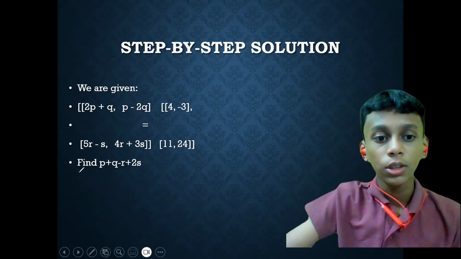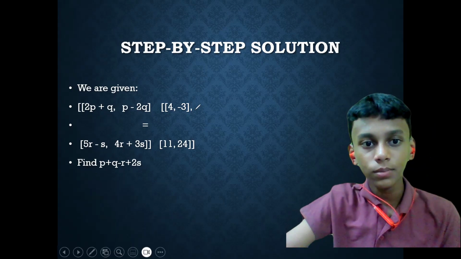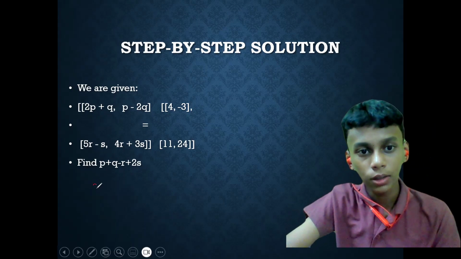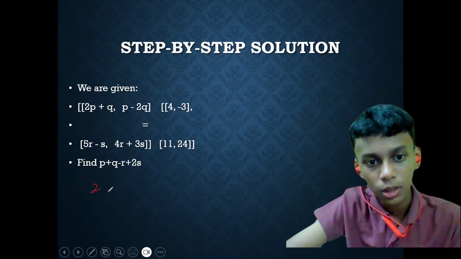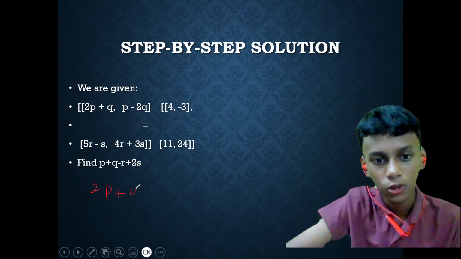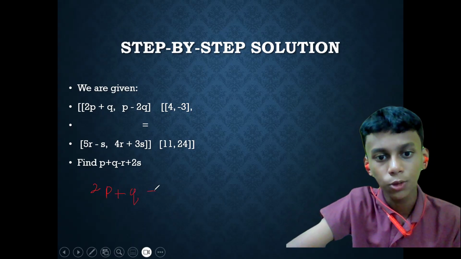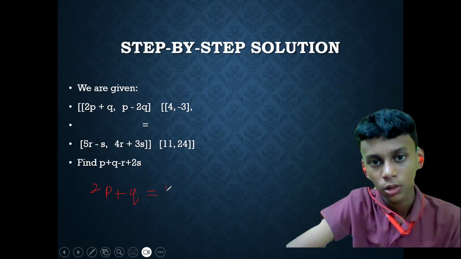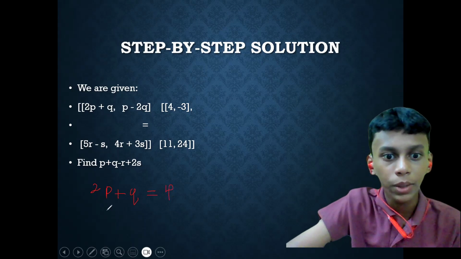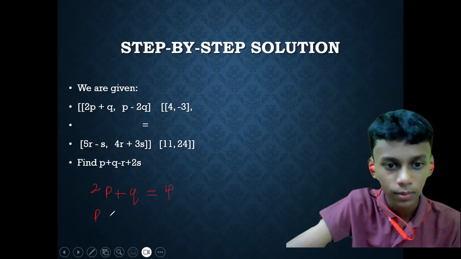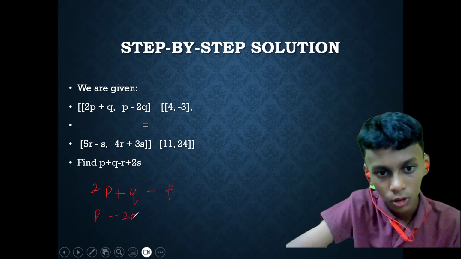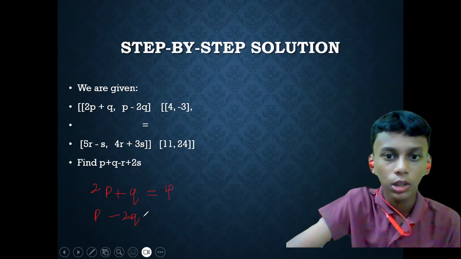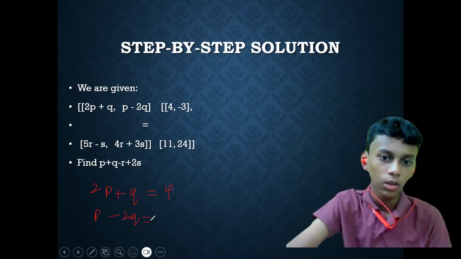Now I will write 2p plus q is equal to 4 and p minus 2q is equal to minus 3.